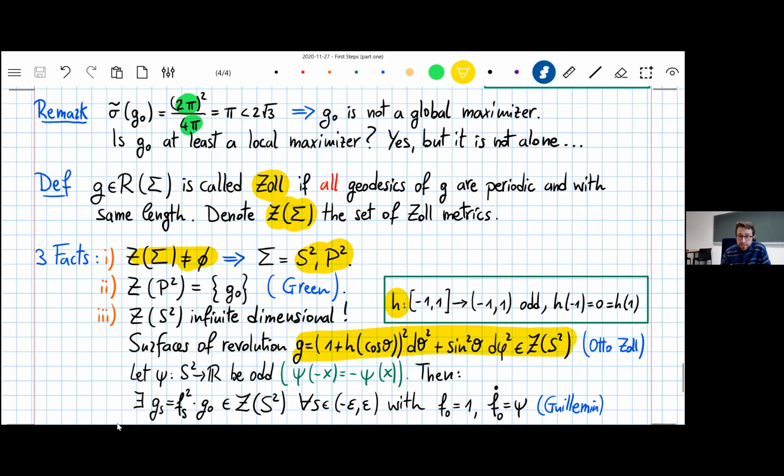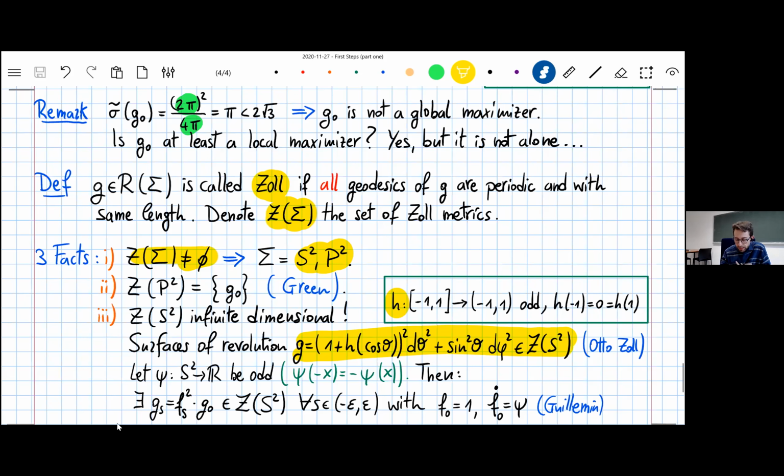These are where the first examples were discovered by Zoll, although maybe with a somewhat different formula, and hence the name Zoll metrics. Otto Zoll, a student of Hilbert, in his PhD thesis constructed the first Zoll metrics on S2.